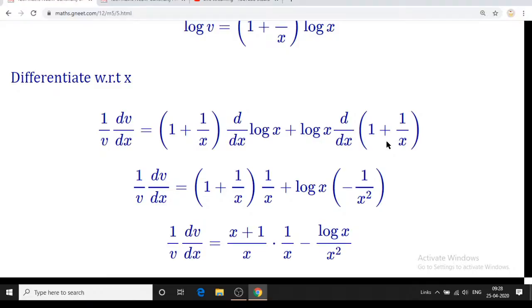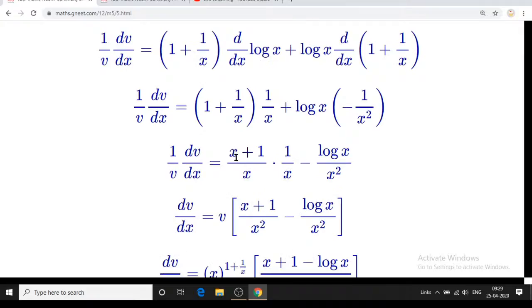So 1 upon v dv by dx is equal to 1 plus 1 by x into derivative of log x which is 1 by x, plus log x, derivative of 1 becomes 0, and derivative of 1 upon x is minus 1 upon x square. So when we simplify this, we have taken the LCM: x plus 1 upon x into 1 by x, so this is x square.